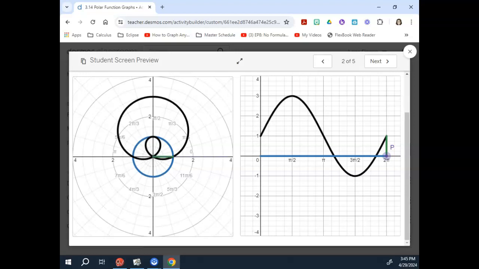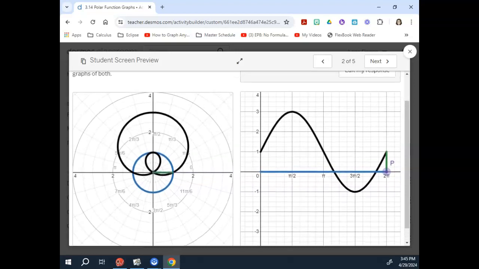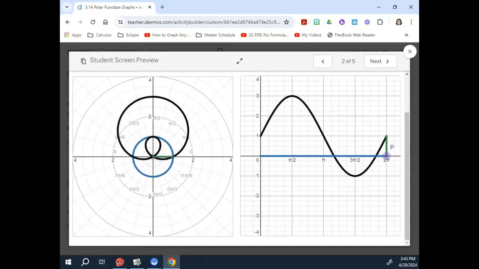That distance is increasing, then decreasing, then increasing again because I'm going away from it, and then decreasing again because I'm going back towards it. If you can make sense of this graph, that's going to help out greatly.